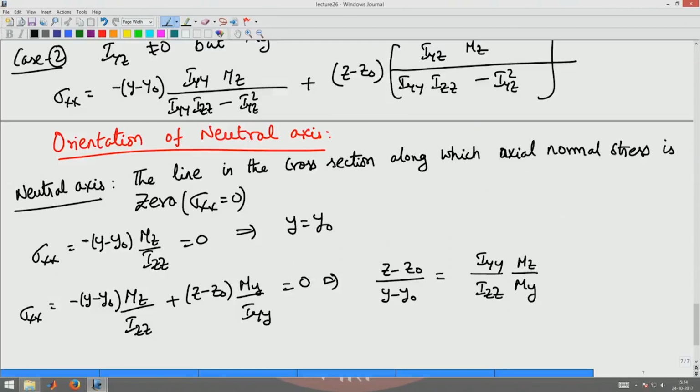Now, this is like y equals mx plus c, where c is the origin. This is the slope of the line. This is tan beta.